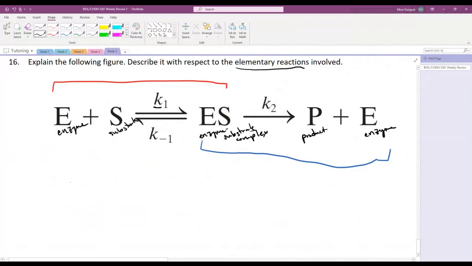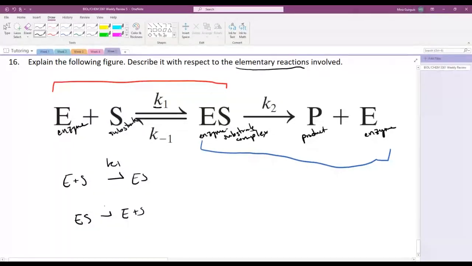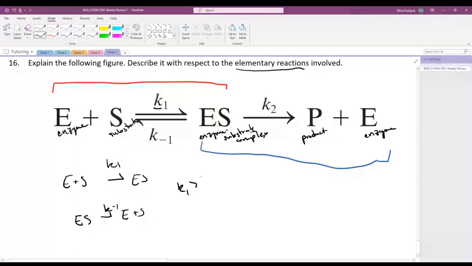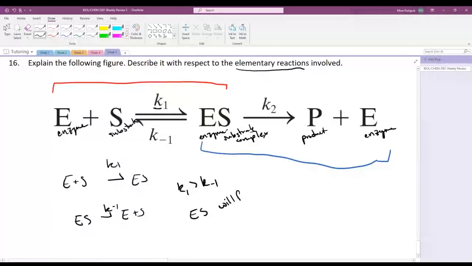So what that means is E plus S to ES follows K1, ES to E plus S follows K negative 1, okay? So just based on this step alone, we can tell if the rate constant K1 is greater than the rate constant K negative 1, an enzyme substrate complex will form. Are we okay with that?